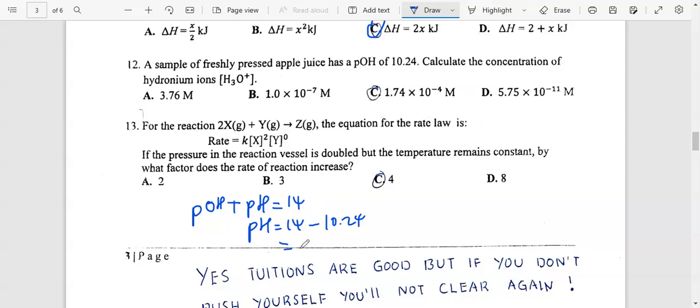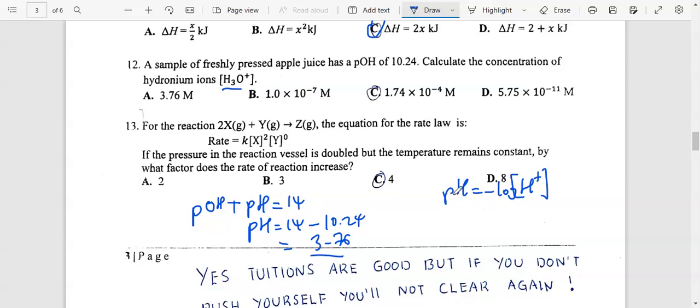So let's see what we get. 14 minus 10.24 is going to give us about 3.76. This is the pH. The pH is given as negative log of the hydrogen concentration, and the hydrogen concentration is equal to the hydronium concentration.